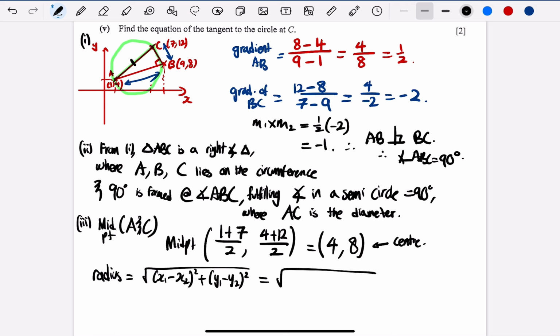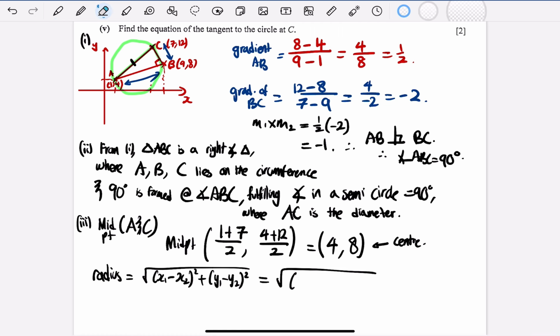We solve this, I'm going to use 1 and 4. So 8 minus 1 squared plus 4 minus 4 squared. Oh sorry, I wrote this wrongly. 8 minus 4 squared.